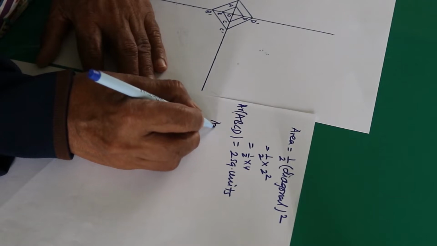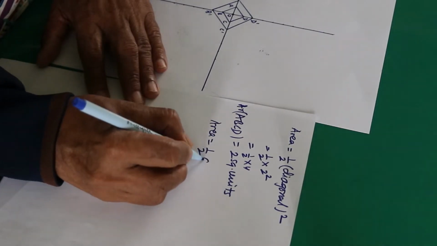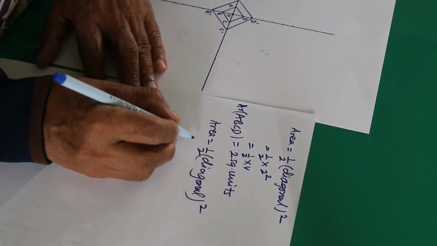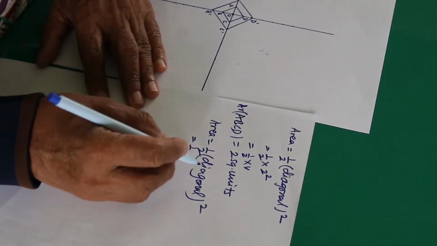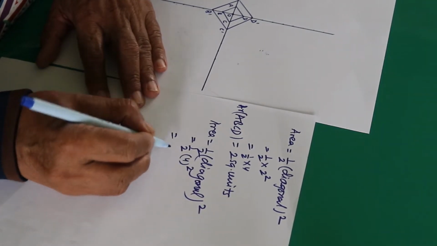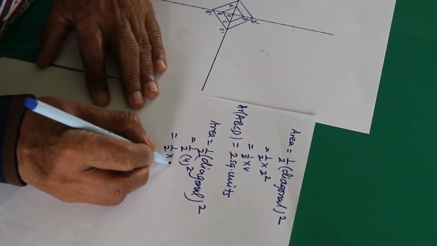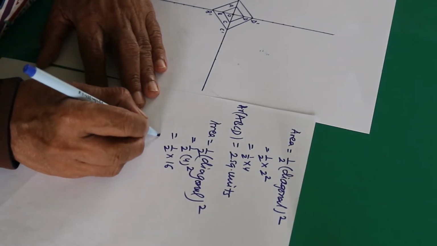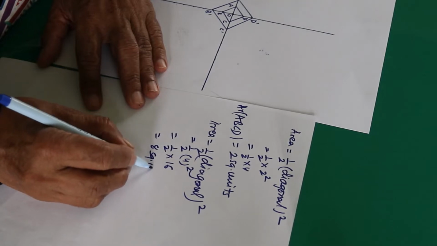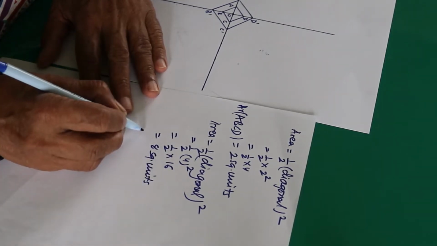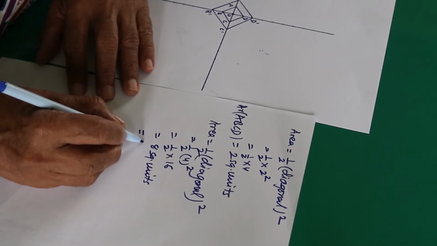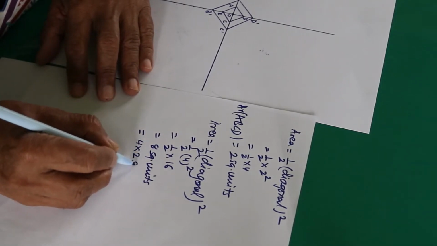And now again let's go for area equals half diagonal square, and in this one too, the diagonal is now 4 units, 4 square gives us 1 over 2 into 16, and this is 8 square units, and this is nothing but can be expressed as 4 times 2 square units.